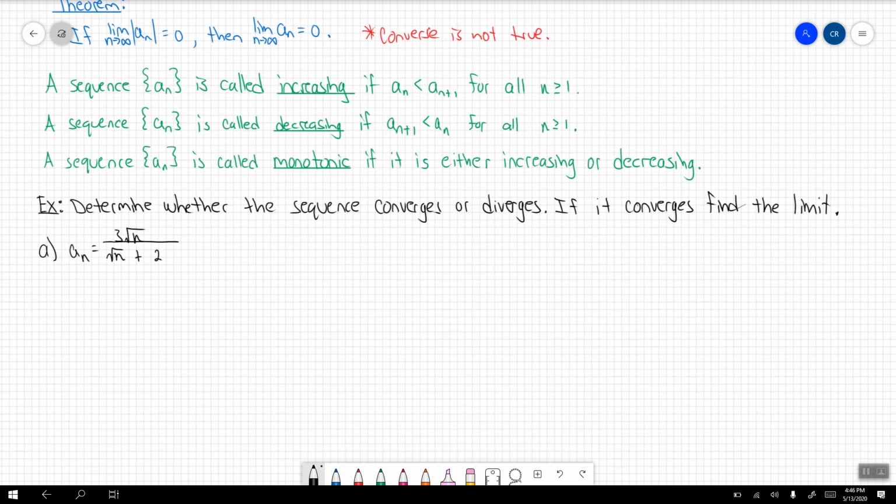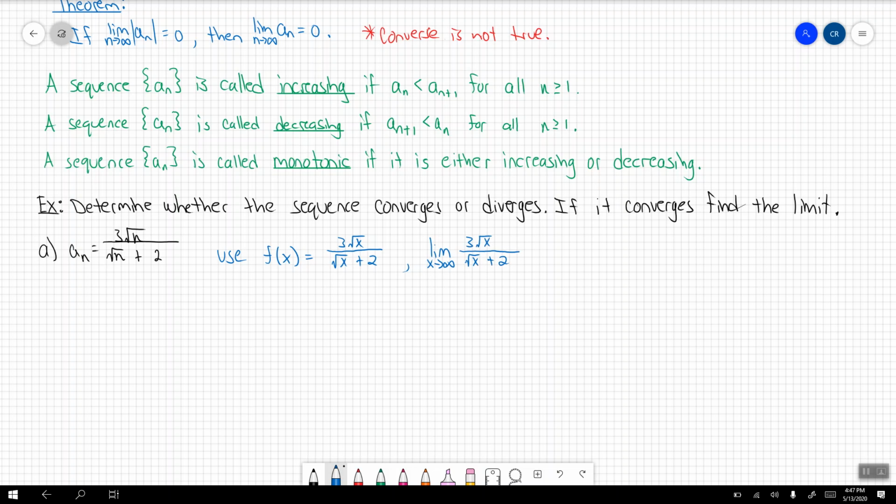So what I'm going to do is use f of x as 3 times the square root of x divided by the square root of x plus 2. To see whether this converges or diverges, I have to look at the limit as x goes towards infinity for 3 times the square root of x divided by the square root of x plus 2.